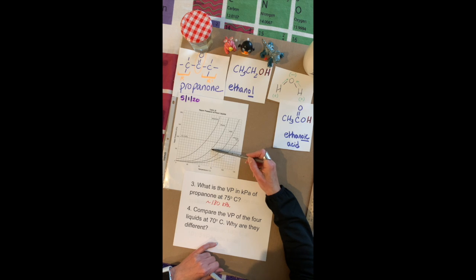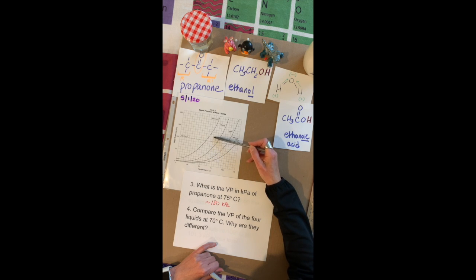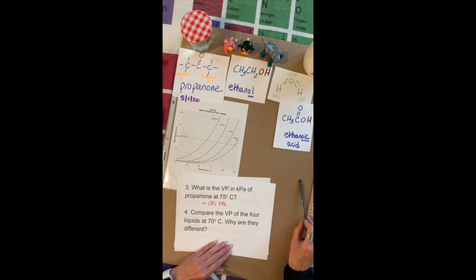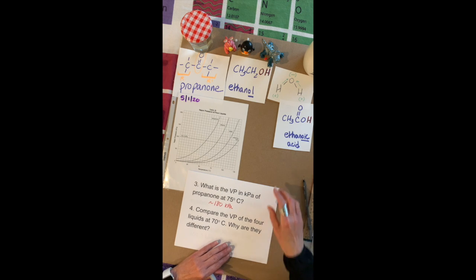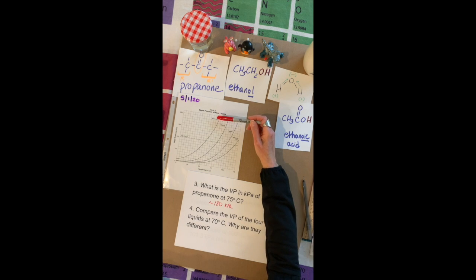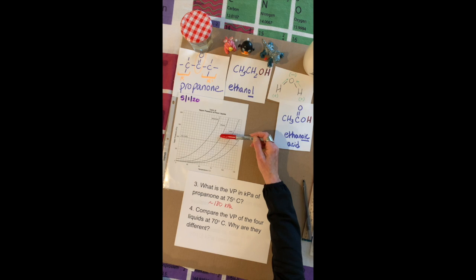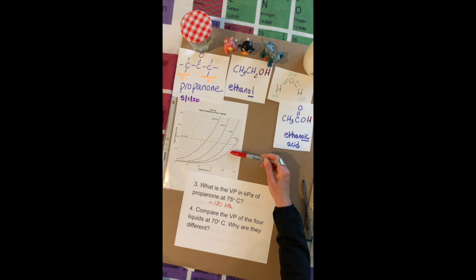And ethanol is approximately 70 kilopascals. And as we keep going up, propanone looks like about 155 kilopascals. So when we compare them, propanone has the highest vapor pressure of the four liquids at a given temperature. That temperature is 70 degrees Celsius. Then ethanol, then water, then ethanoic acid.